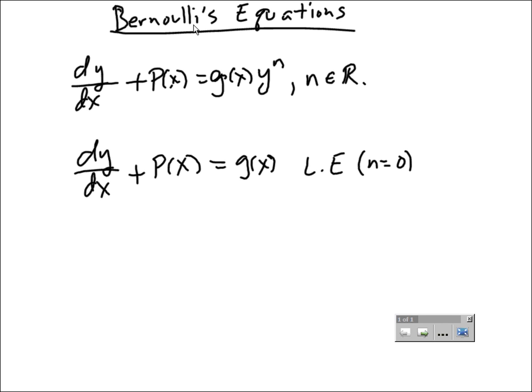But what if n is 1? If you have dy dx plus p of x is equal to g of x, something's wrong here, I'm so sorry. There's supposed to be a y here: p of x times y.